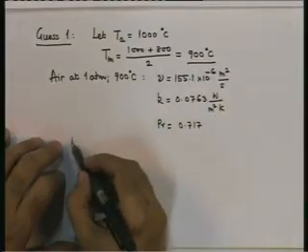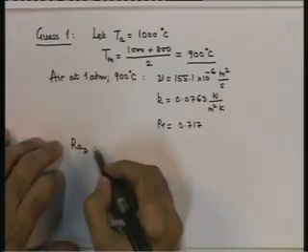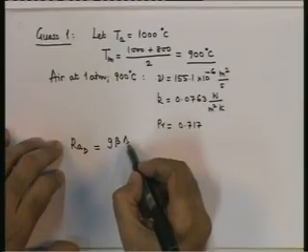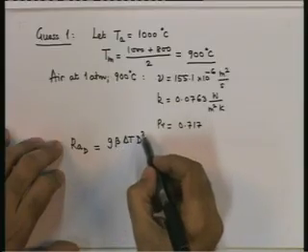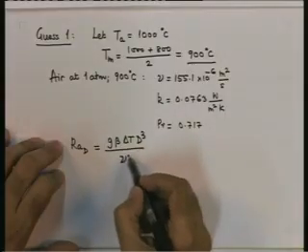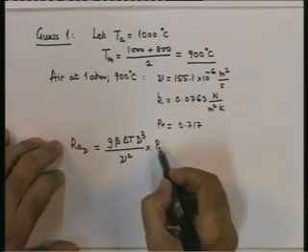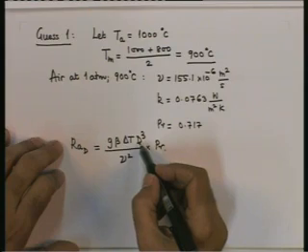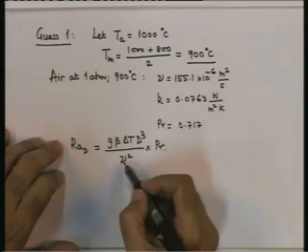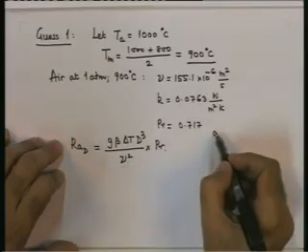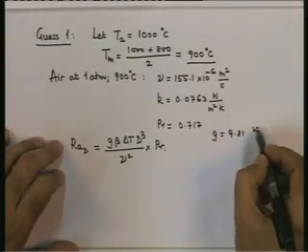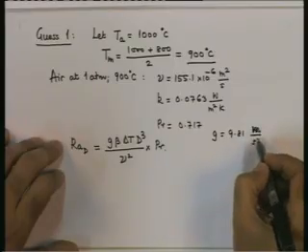We need the Rayleigh number. This is G beta delta T d cube by nu squared multiplied by Prandtl number. We have read off the Prandtl number, we know the diameter 6 mm, we have read off the kinematic viscosity, we will use G, the gravitational acceleration 9.81 meter per second squared.